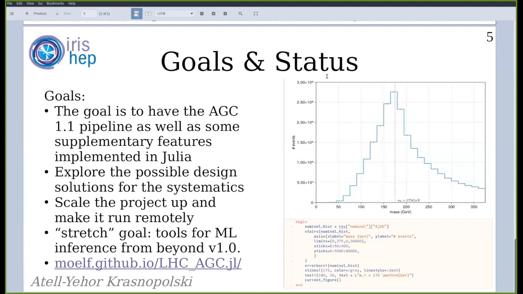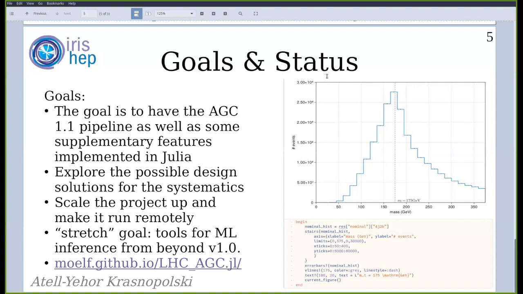So let's talk more about the goals and status of the project. As I've mentioned before, the goal is essentially to have the AGC pipeline version 1.1, as well as some supplementary features implemented in Julia. At first we'll skip the ML part, but that's kind of a stretch goal.